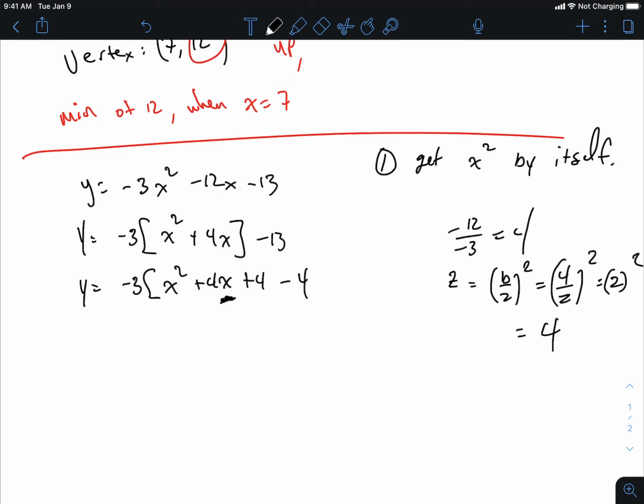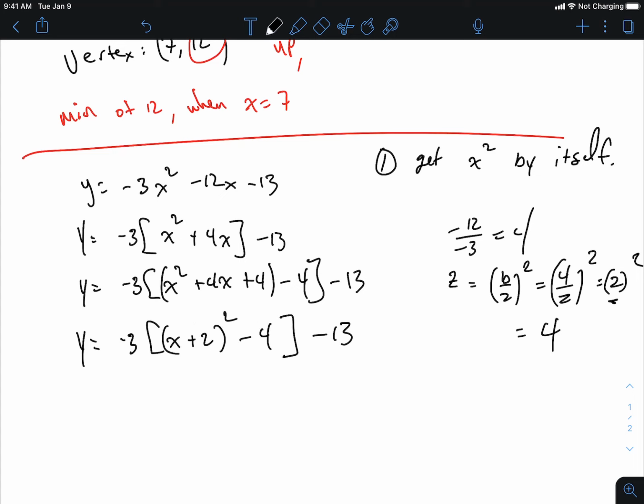Don't forget your variable. Right here, don't forget the variable. I don't know who did that, I can't remember. Somebody did that. Then it just looks like plus 4 minus 4. Be careful. Okay, close the square bracket, minus 13. Okay, first 3 turn to a perfect square trinomial from there. And then get rid of the square brackets.